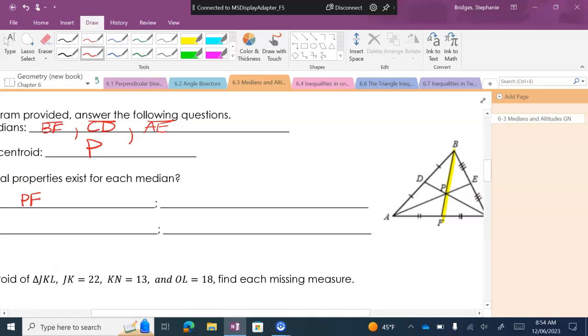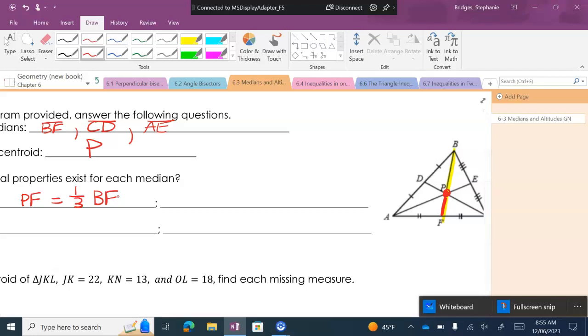It goes from my centroid to the side of my triangle. That is going to be 1/3 the length of that whole median. What was the whole median called again? From the vertex to the side. BF, okay. So the length of PF is 1/3 the length of the whole thing. We'll put some numbers to that in just a minute.